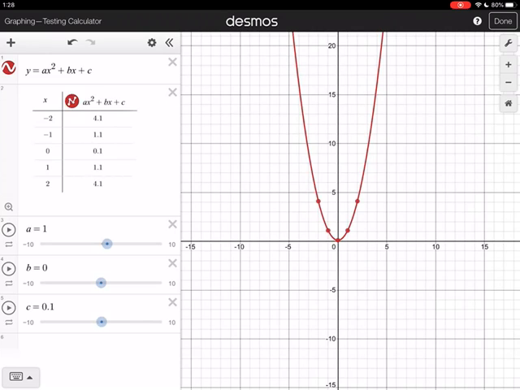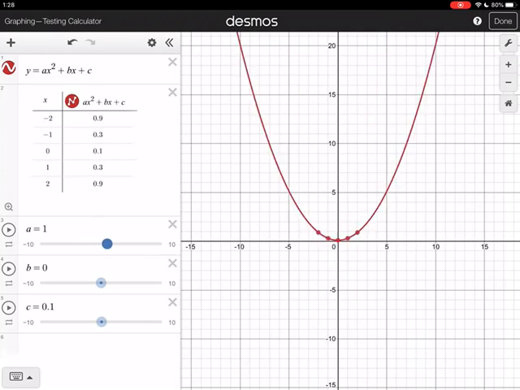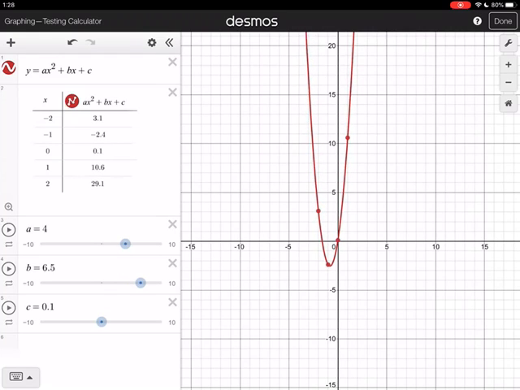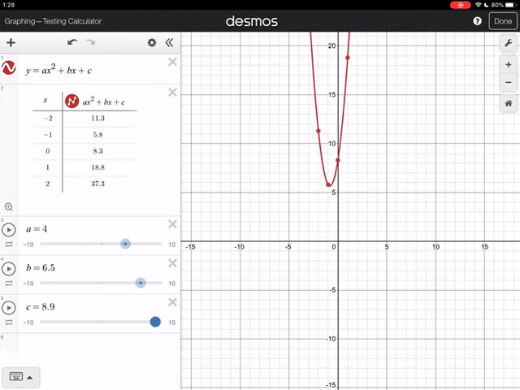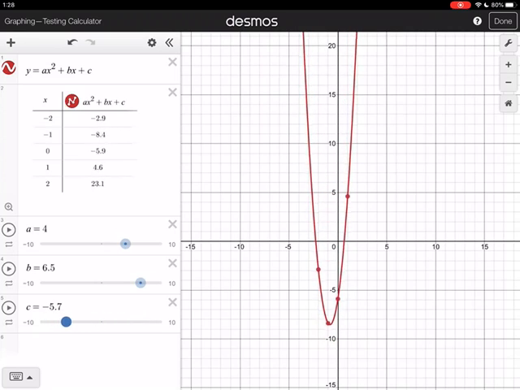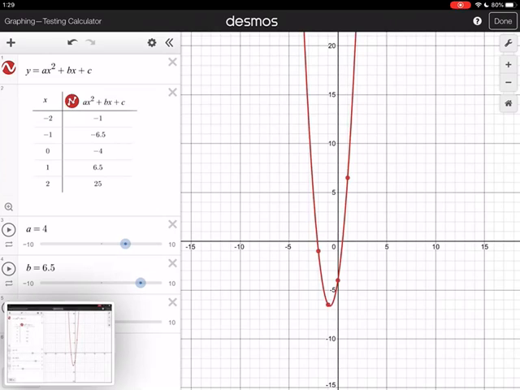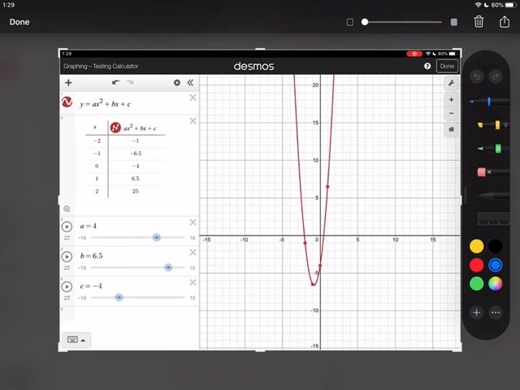And then the other thing that's worth noting is that if a was some other number and b was some random number, if you notice, c again just moves your graph up and down. But the interesting thing about c is that it actually represents your y-intercept, which is, if you just look at even the function and what that means, it's kind of obvious when you look at it algebraically.